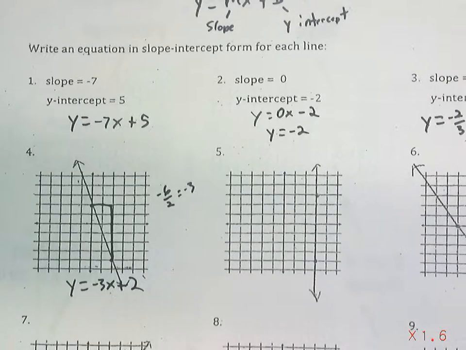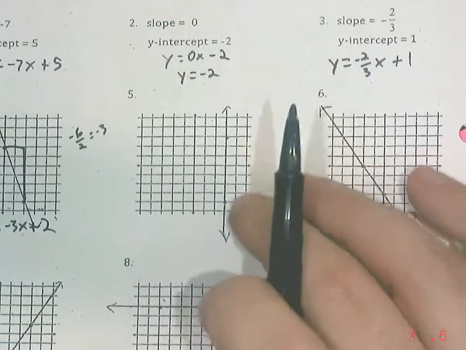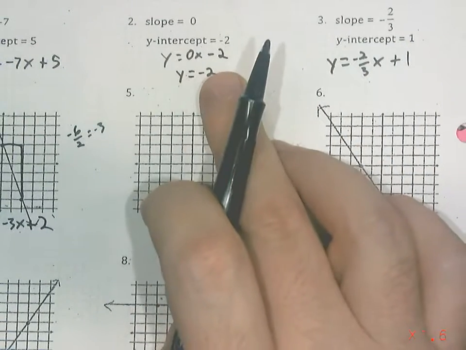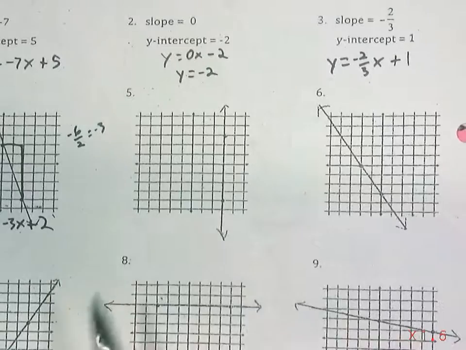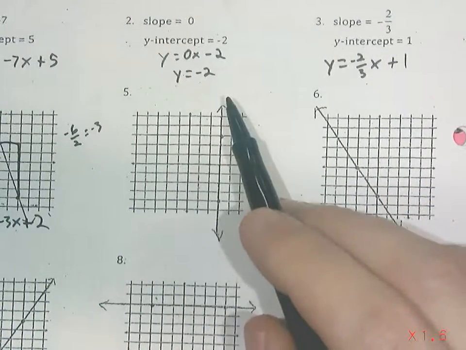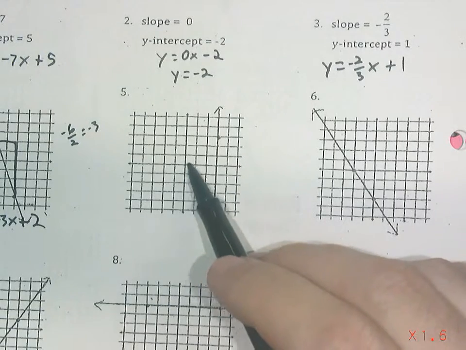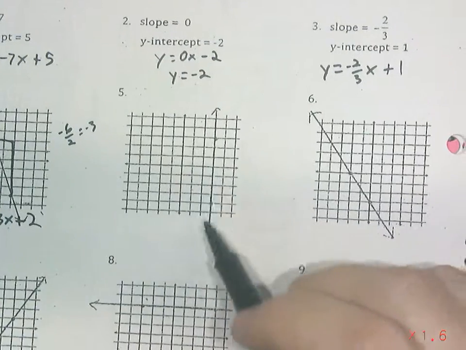And that's it. Now, if it's an undefined slope, this is a little bit different. With the horizontal, the x went away. With undefined slopes, it's the y that goes away. And you're going to have x equals whatever the number is on the x-axis. So right here's the y-axis. So this is 1, 2, 3 over.